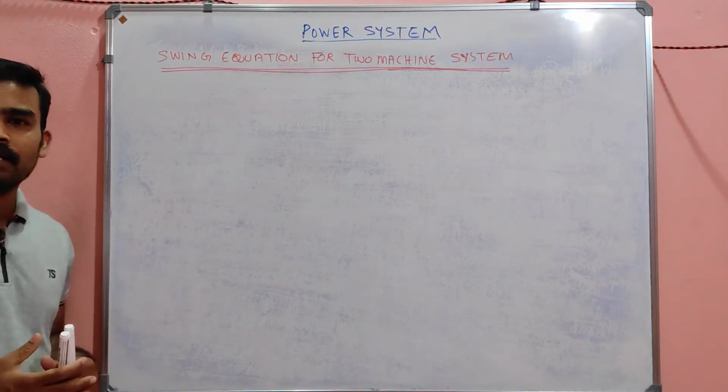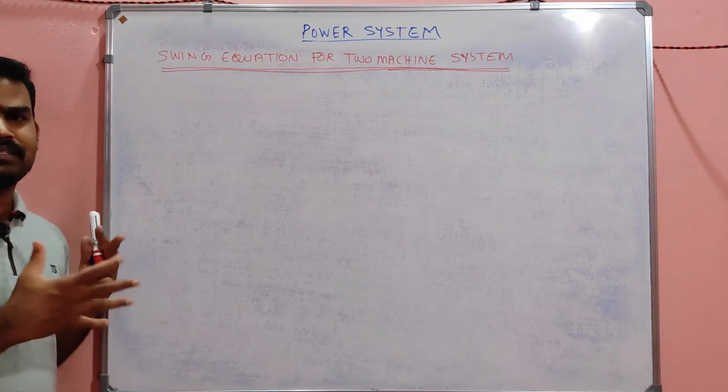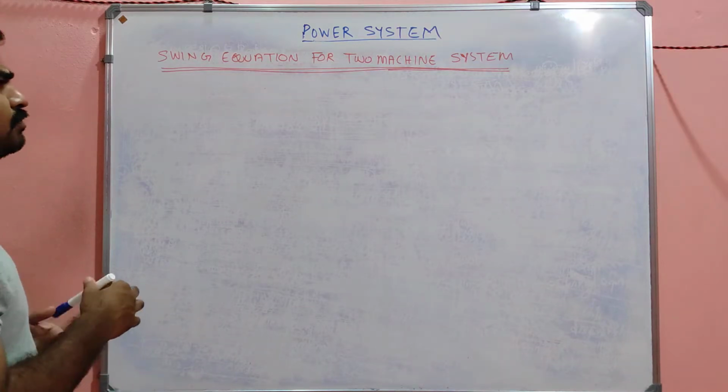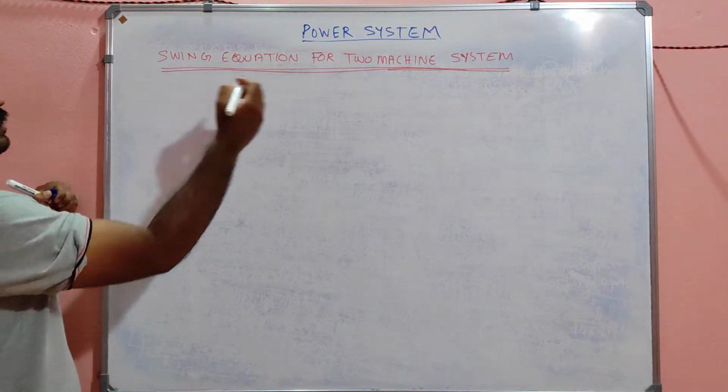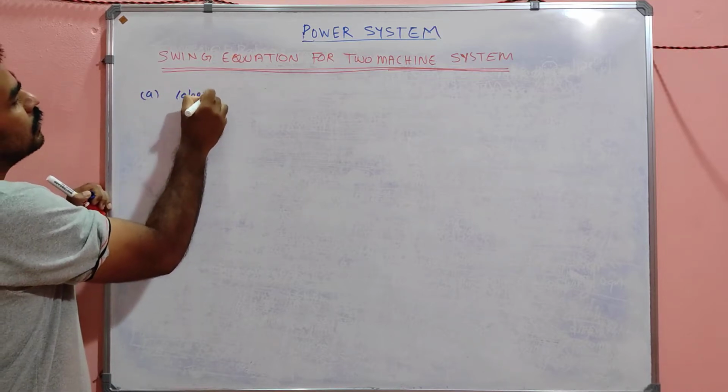Suppose two machines or alternators are operated in parallel in a power system, then what will be the swing equation? There are two cases. First one, coherent operation.